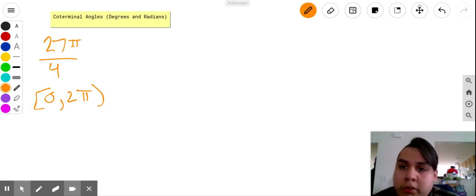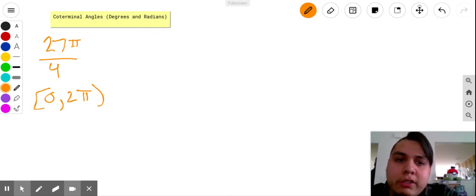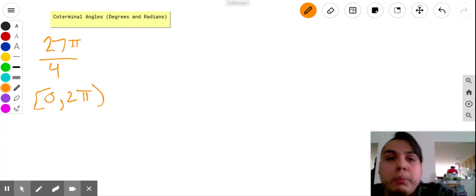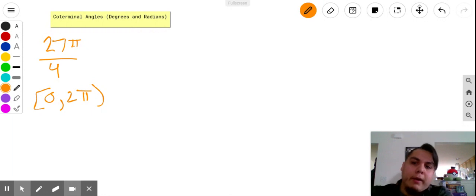But now I have 27 over 4. 27 divided by 4 is larger than 2, so I know my answer is bigger, right? This number is larger than the 2 pi, so I need to subtract a couple revolutions to get it down and figure out the coterminal angle between 0 and 2 pi.